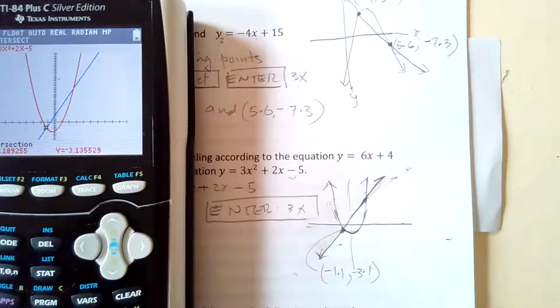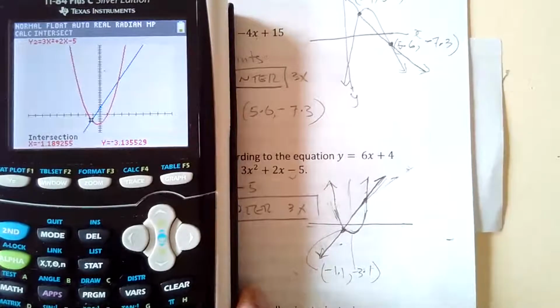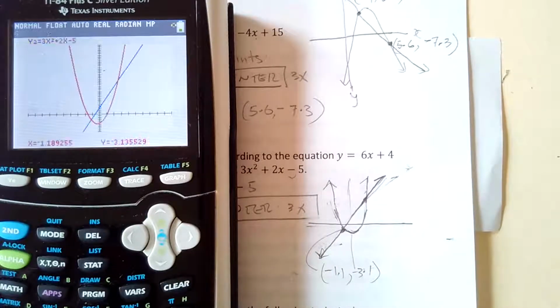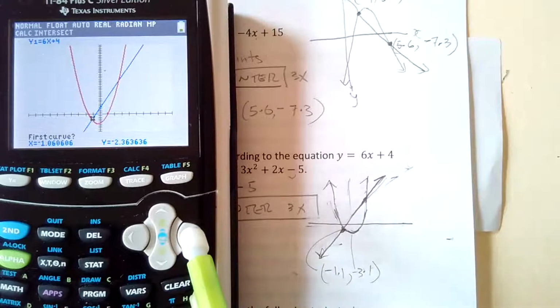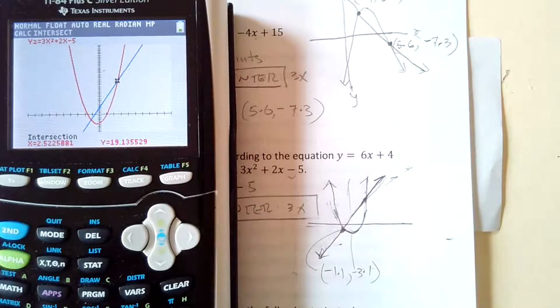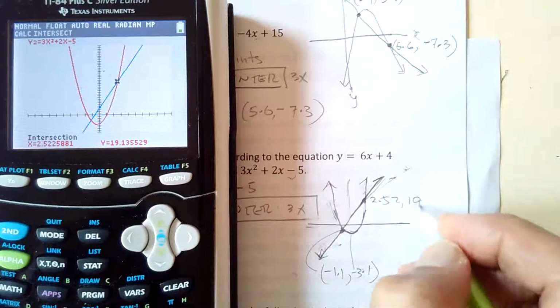The other intersecting point, I'll continue the same process: second trace, intersect. Now I want to go up, and then press enter 3 times. So it's 2.52, 19.3.